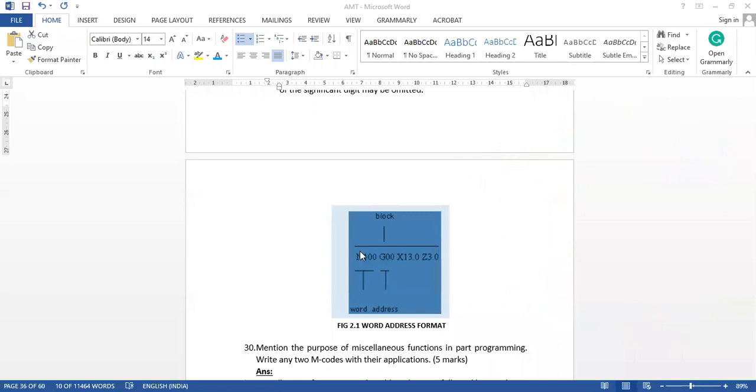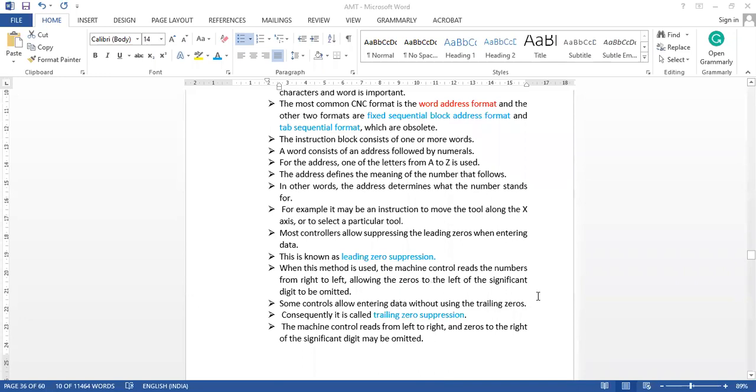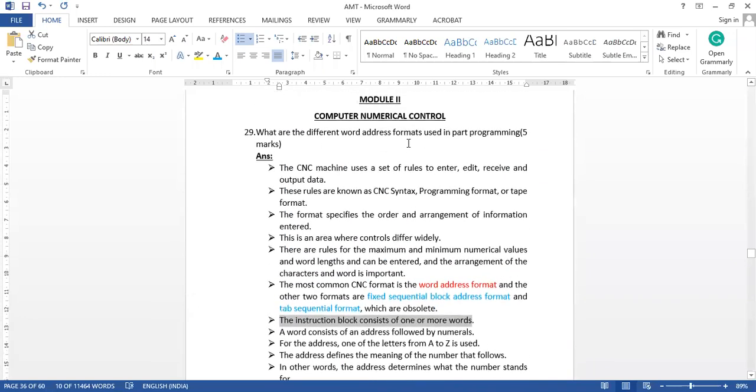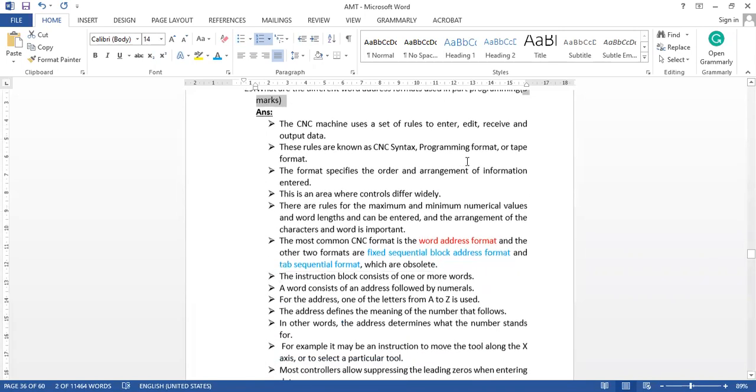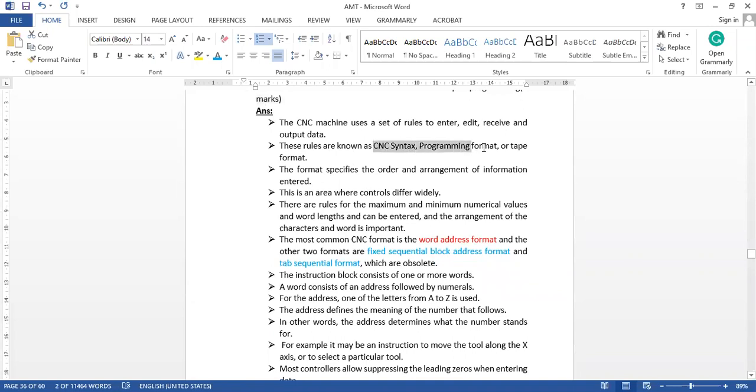Once again, what are the different word address formats used in part programming? The marks are 5 marks. First, what is CNC syntax or programming format or tape format? It is the set of rules the CNC machine uses to enter, edit, receive, and output data.